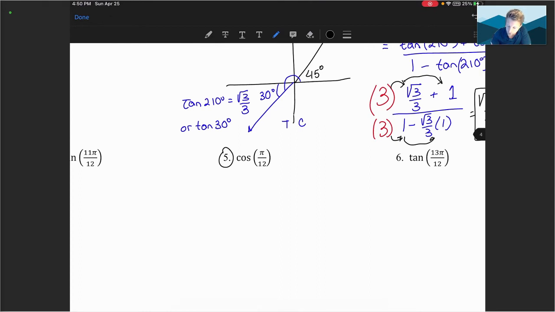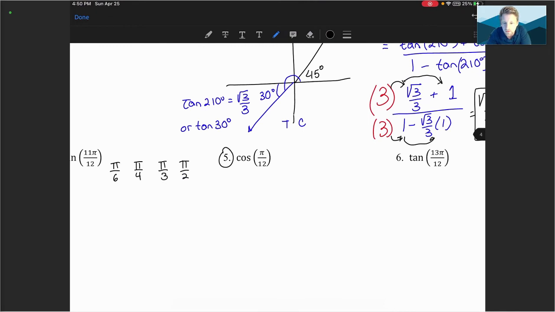So our common angles that we usually use are going to be pi over 6, pi over 3, pi over 4. I guess I can write these in descending order. Pi over 4, pi over 3, and pi over 2 is the 90 degrees.